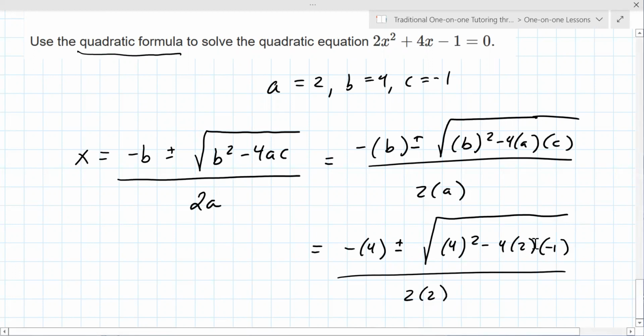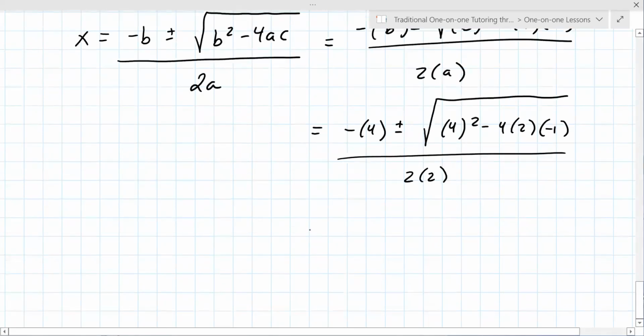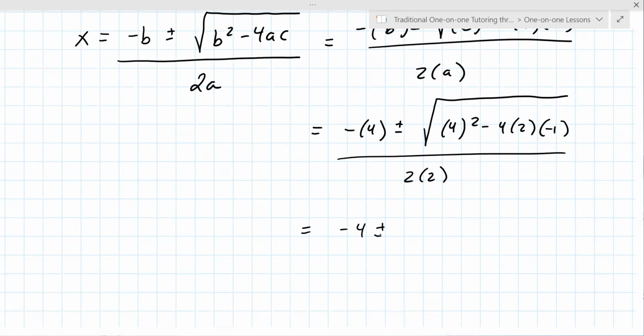So could you do the part under the square root for us? Not with the square root, just the numbers under the square root. 24.